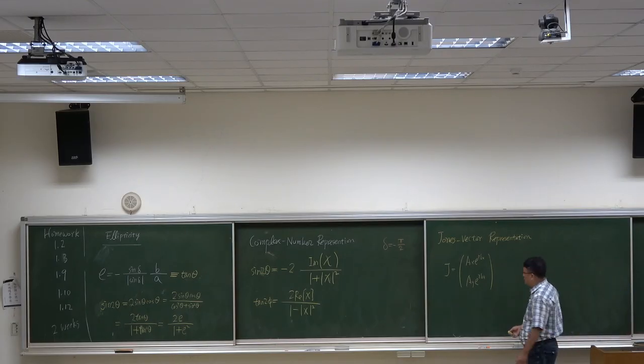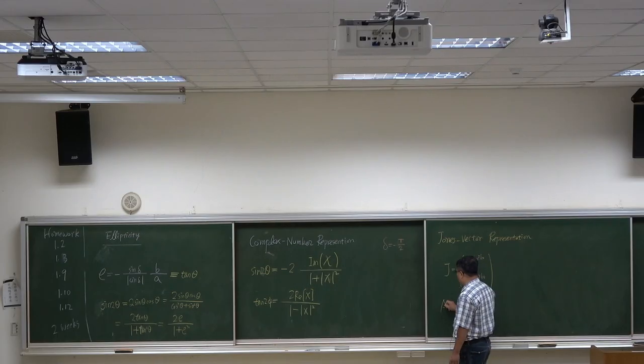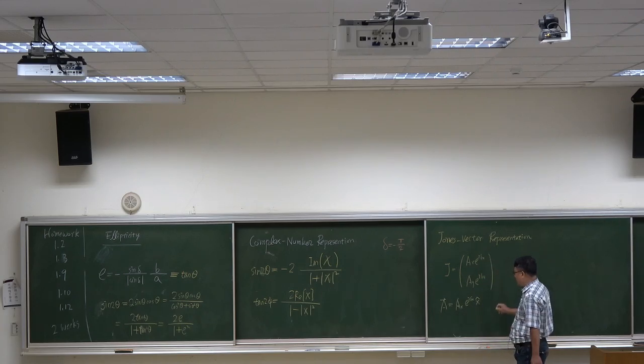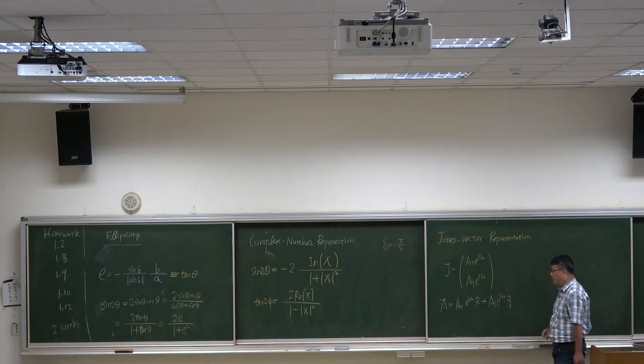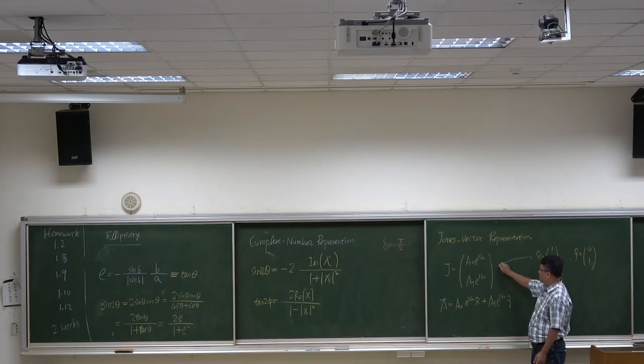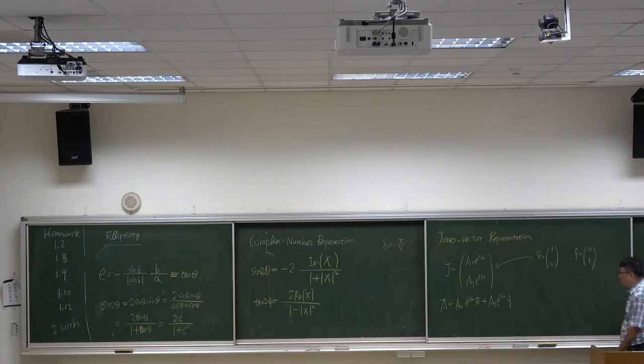This is directly related to the original definition of the A vector. A vector is ax exponential i delta x times the x unit vector plus ay exponential i delta y times the y unit vector. Okay. So if I denote the x unit vector as (1, 0), and the y unit vector as (0, 1), then the summation is nothing but this J vector, the Jones vector.